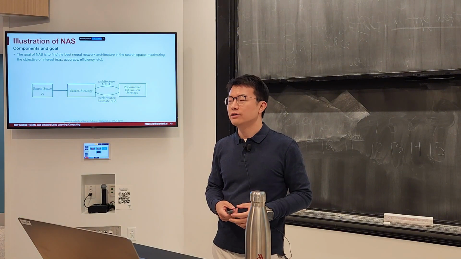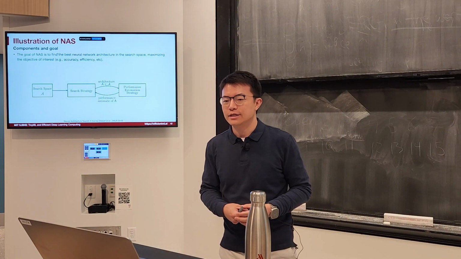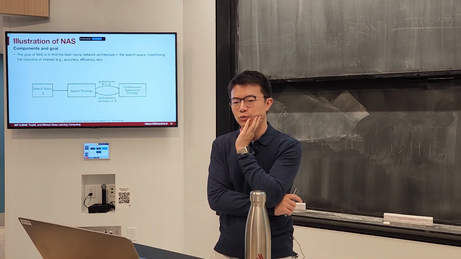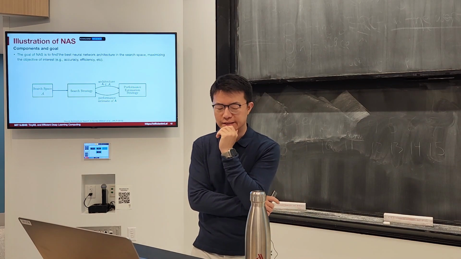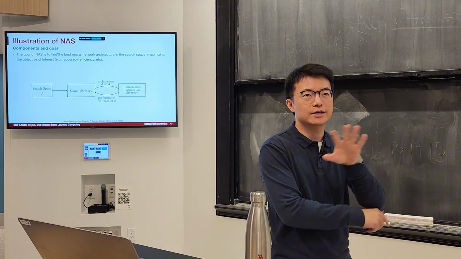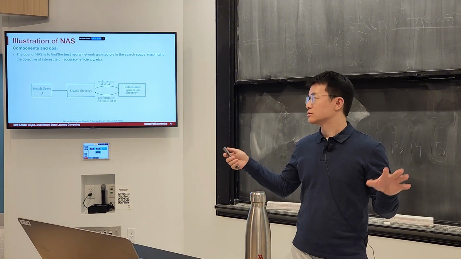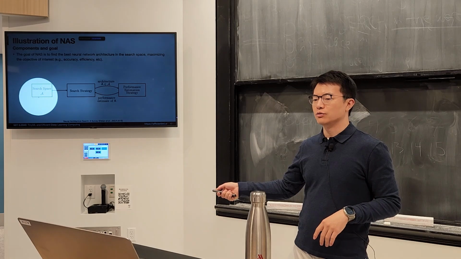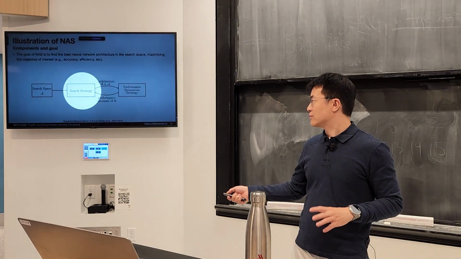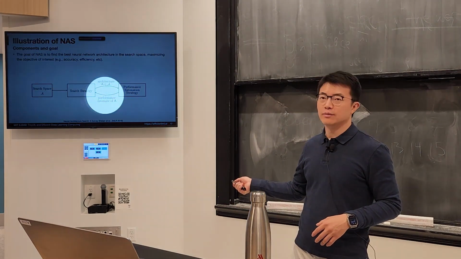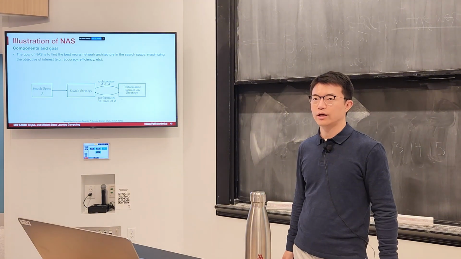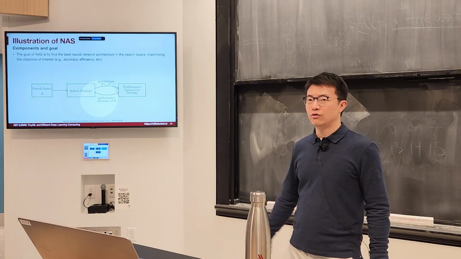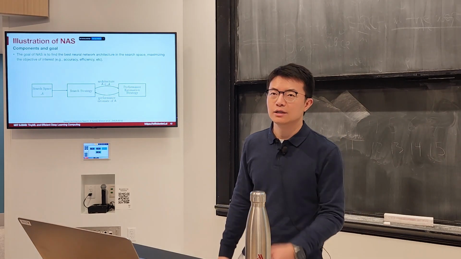With that as motivation, let's see what are the components of a neural architecture search, and what is the goal of the neural architecture search. Okay, so given the design space, these are the building blocks. This is the search space, with a lot of building blocks. And then we have a search strategy and also a performance estimation strategy. We want to propose the architecture and then collect the performance feedback and then iterate this process.